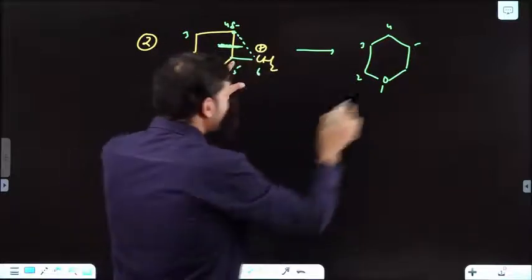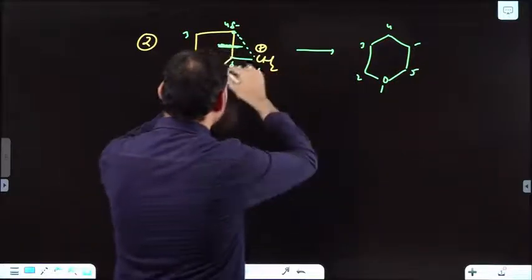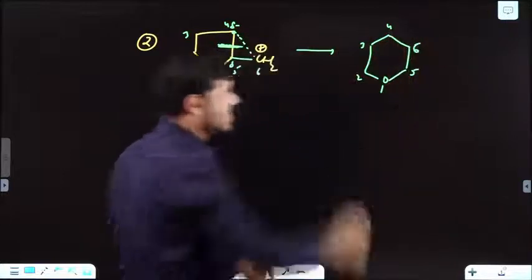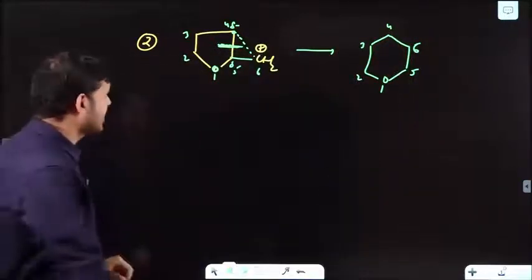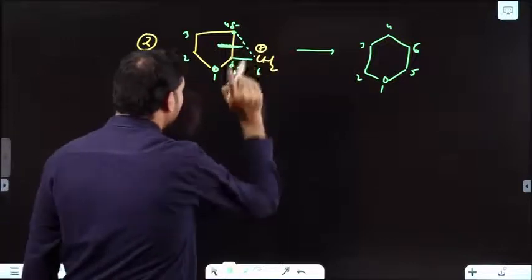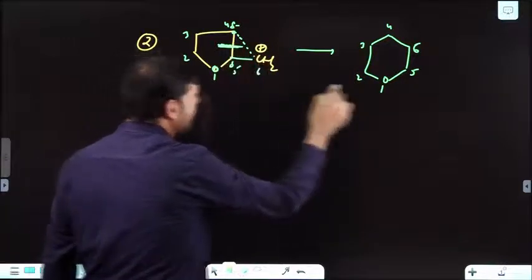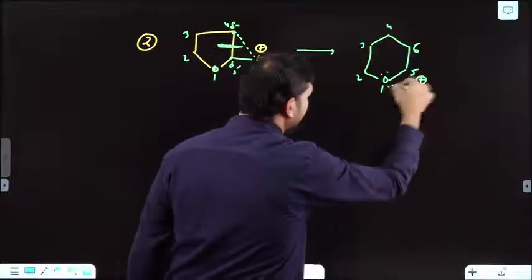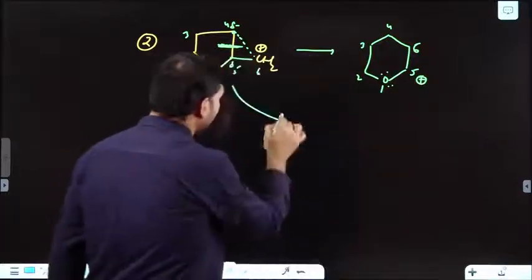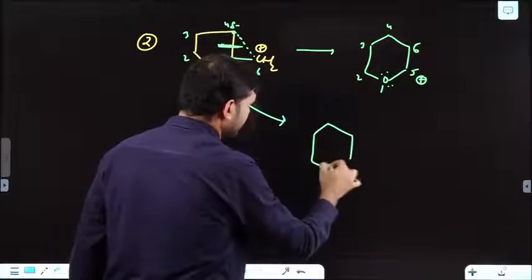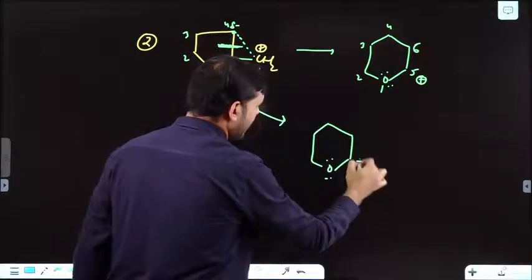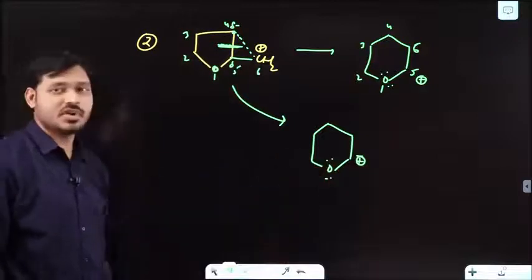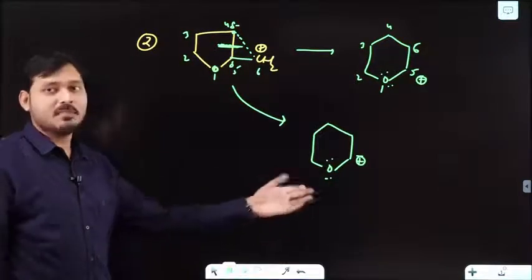Oxygen is connected to 5 only as it is, and you broke this 4 and 5 bond and this is joined here like this. Clear? Now what happens? In that case, plus charge will come to this 5th carbon, this plus charge here. So it is having conjugation with this oxygen. So finally what you are getting is a highly stable form of carbocation. Okay, it is having conjugation, resonance stabilized. You can say back bonding case.